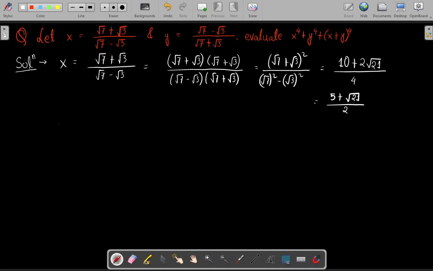Okay, similarly for y, it is root 7 minus root 3 in the numerator and root 7 plus root 3 in the denominator.